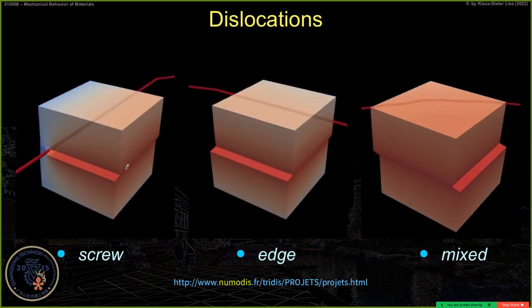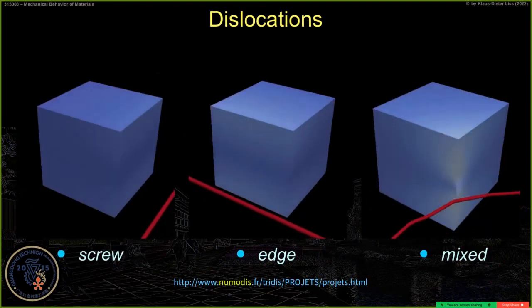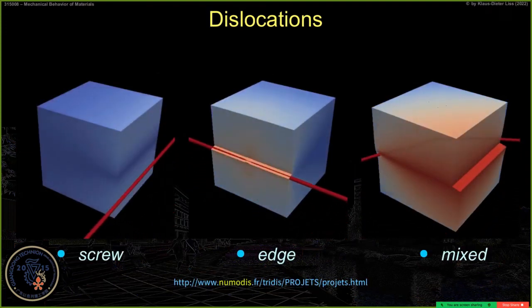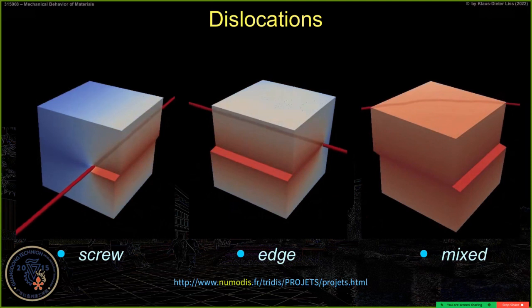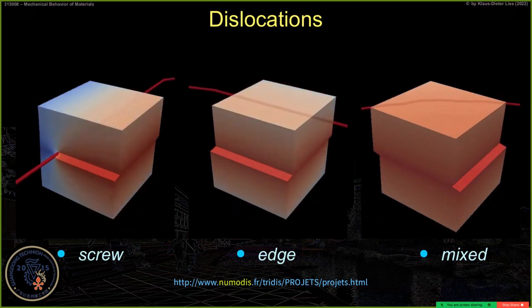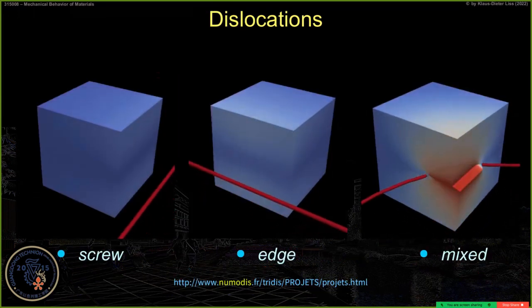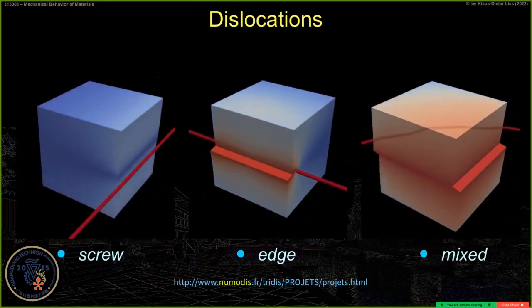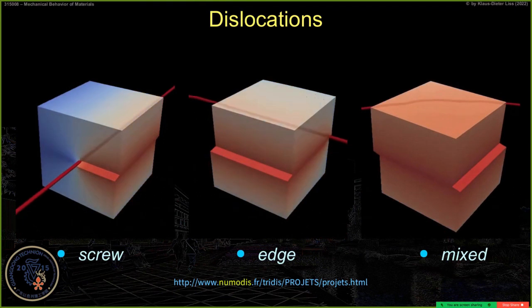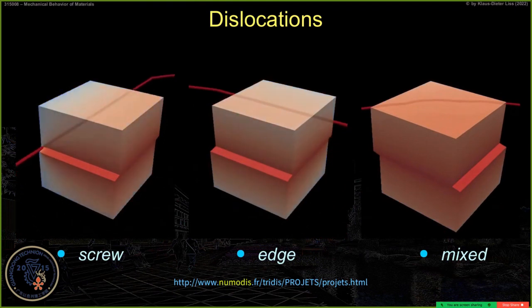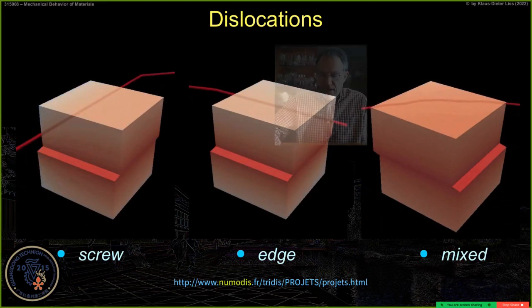It moves perpendicular to the Burgers vector. Play it again. The edge dislocation moves along the Burgers vector, the direction of the Burgers vector. And then we have the mixed dislocation. So look at the mixed dislocation, where we have part screw, part edge. So the line moves diagonal, which is a superposition of screw and edge.